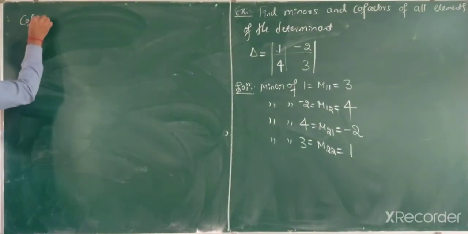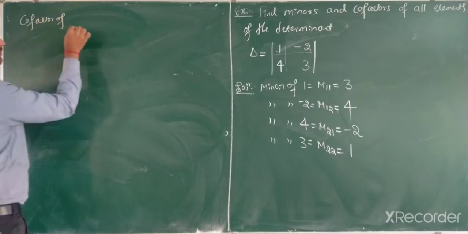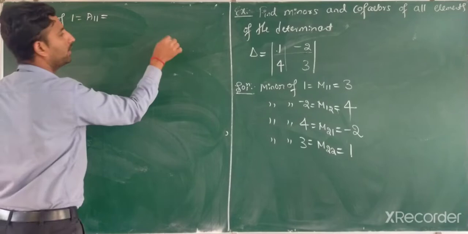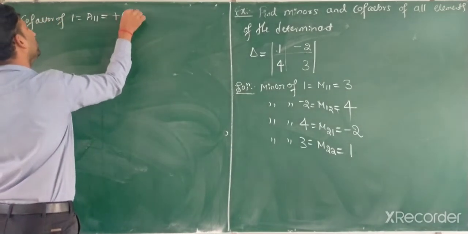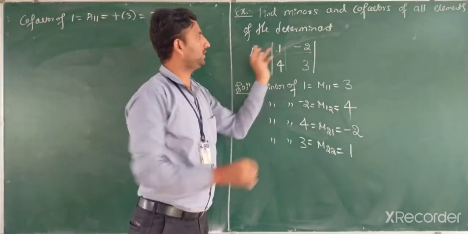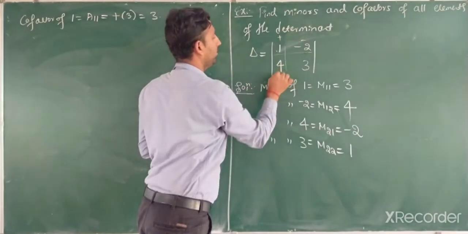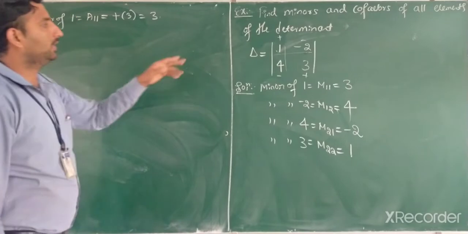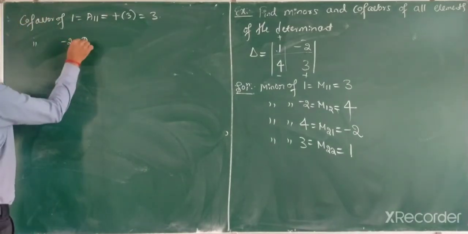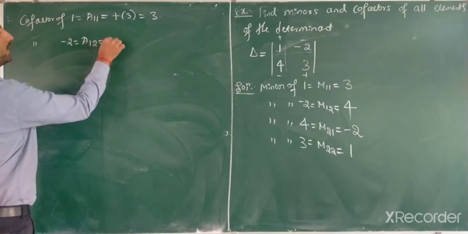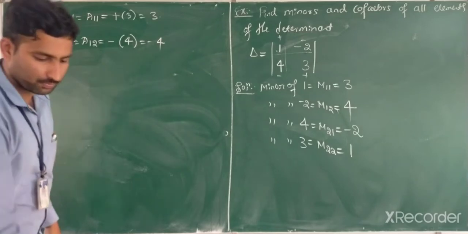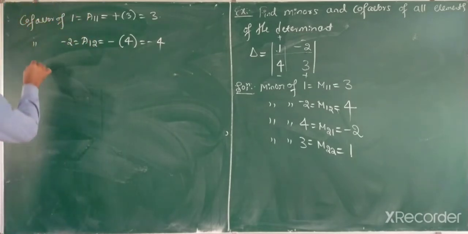Correct? Cofactor of 1, which is equal to capital A11, is plus into 3, which is nothing but plus 3. Minor with suitable sign, plus 1. Here the place signs are plus, minus, plus. That's why 3. Cofactor of minus 2, A12, is equal to minus 4.